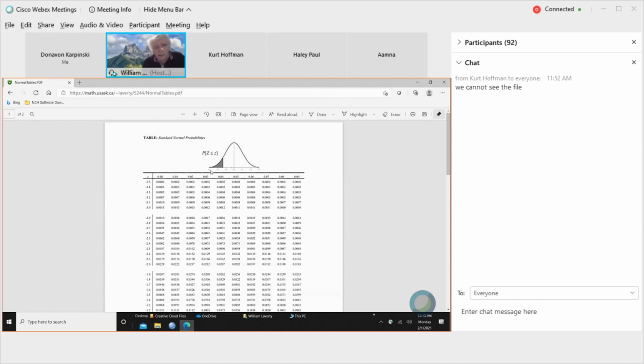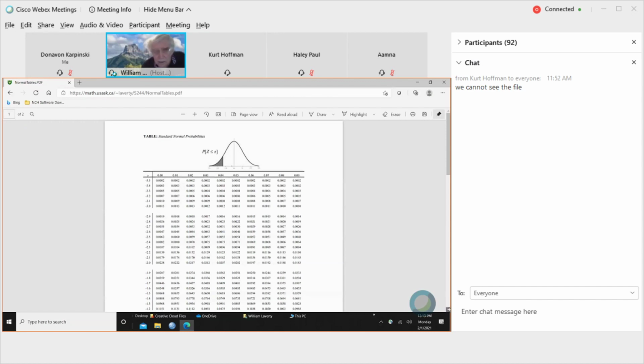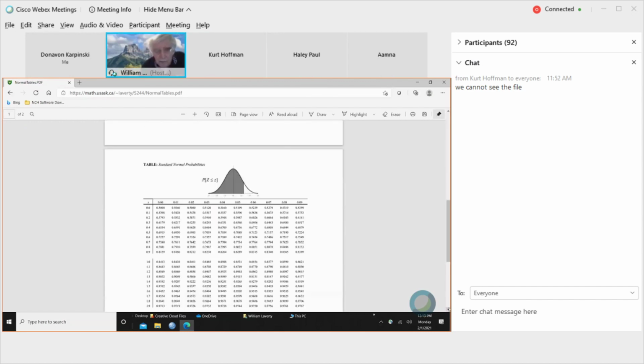Suppose the upper point was 1.2. If I go down to 1.2, the area below that is 0.9032. If it was 1.25, I'd have to go along to here.